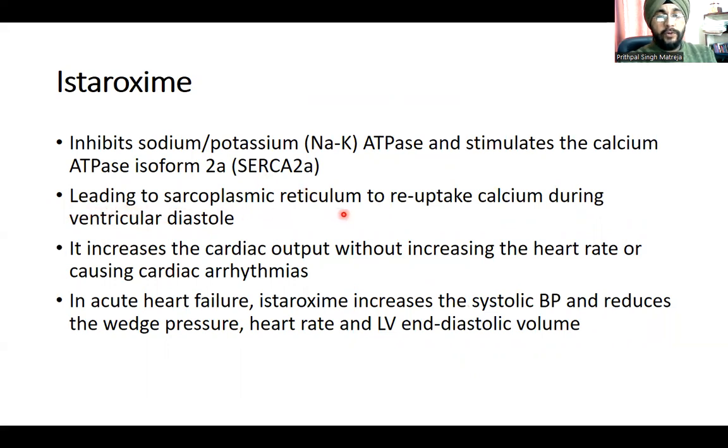It leads to the sarcoplasmic reticulum reuptake of calcium during the ventricular diastole, causing an increase in cardiac output without increasing the heart rate or causing cardiac arrhythmias. Studies have found that in acute heart failure, when istaroxime is given, it tends to increase the systolic blood pressure, reduces the wedge pressure, heart rate, and the left ventricular end diastolic volume.